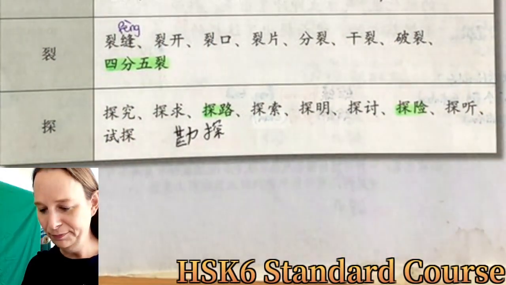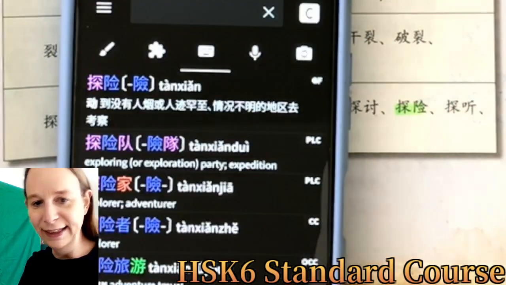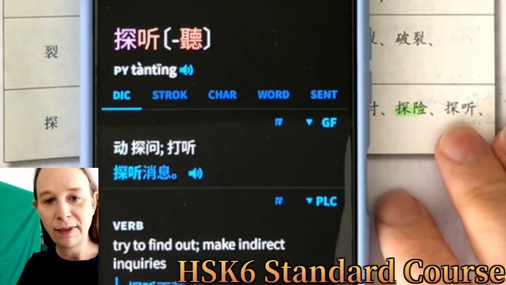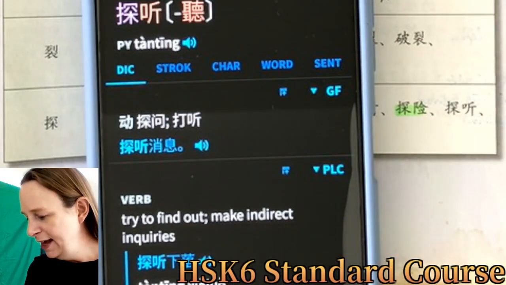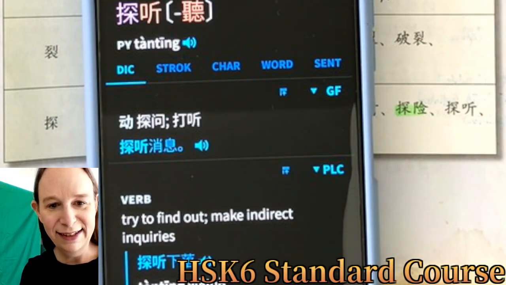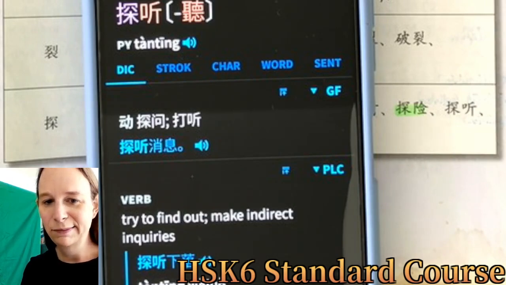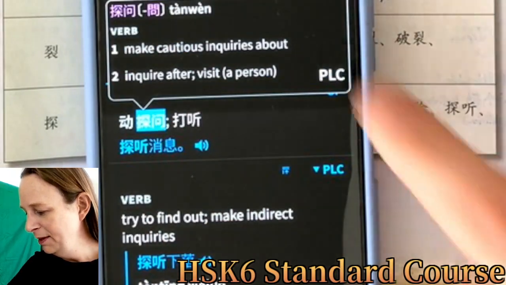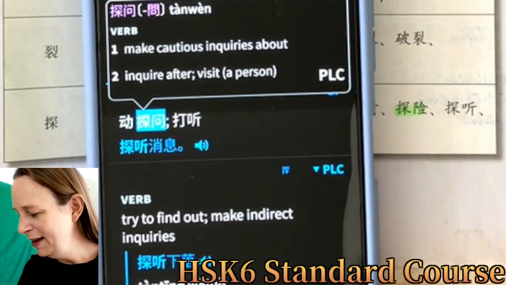探听. Here we are. Okay, 探问, 打听. Yeah, 打听 makes sense. So I guess 探听, I don't know what's the difference between 探听 and 探问. Make cautious inquiries about.